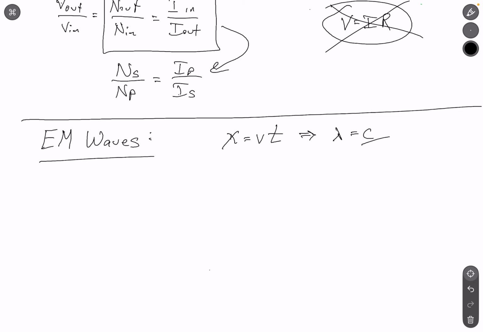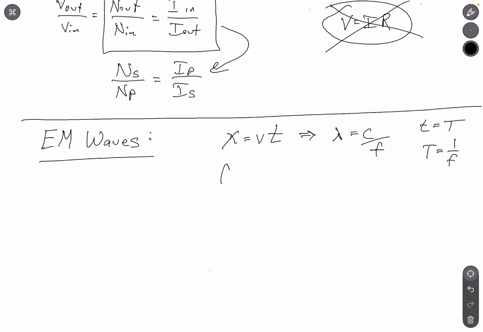For 1 lambda, it's the period. It's the period of 1 frequency. So basically the time for 1 lambda is equal to our period, and the period is equal to 1 over the frequency. So that's why I said C over F.